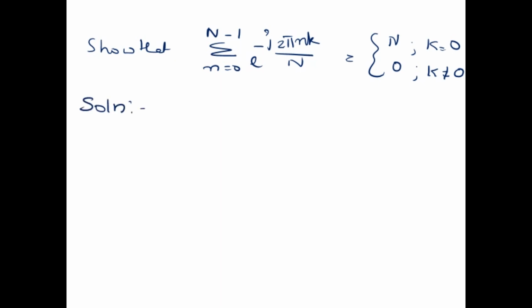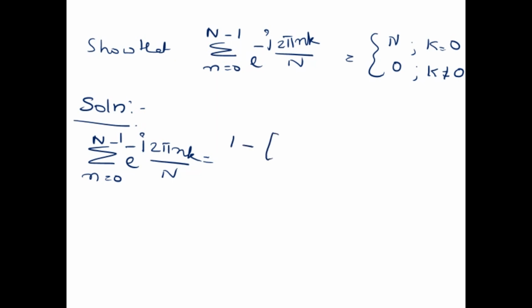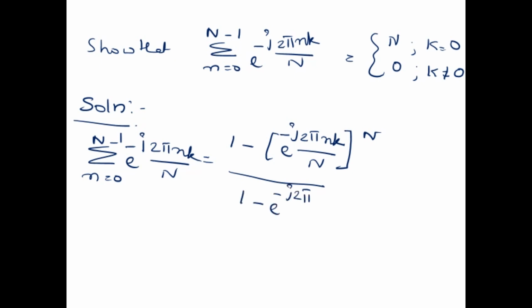Solution for this: summation n is equal to 0 to N minus 1 e power minus j 2 pi nk by N. We can write it as 1 minus e power minus j 2 pi nk by N to the power N divided by 1 minus e power minus j 2 pi k by N. So this is a to the power n.